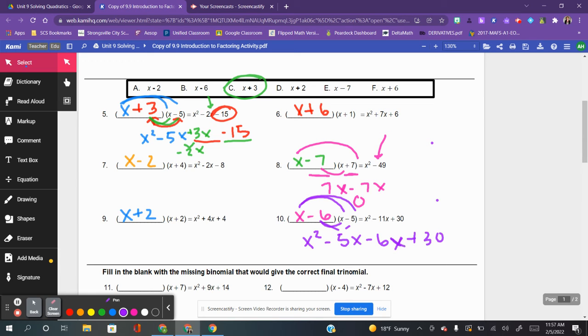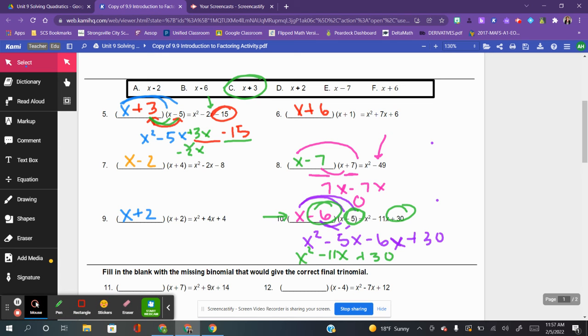And so what I like to do is figure out, okay, what number times negative 5 gives me this constant? And that kind of helps me figure out what that binomial here should be. When I combine these together, I get a negative 11x. And so that matches my answer there.